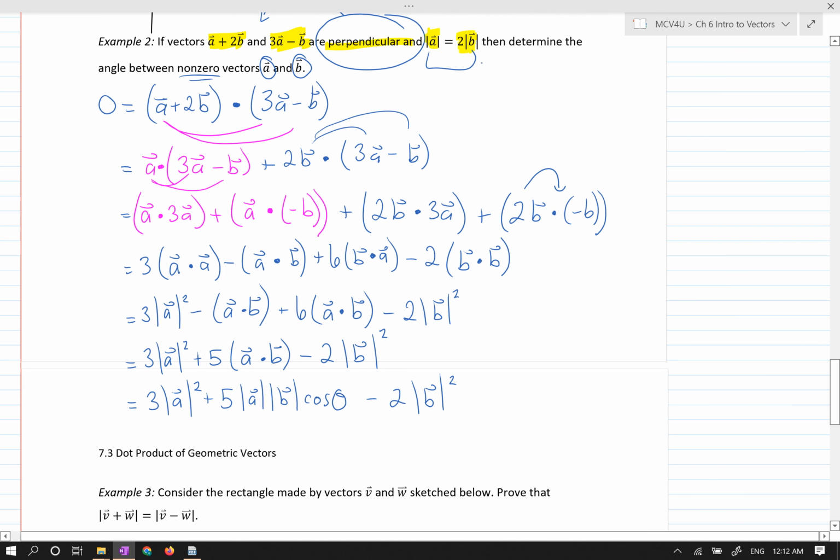Then what we need to handle, okay, if we know the magnitude of vector a is equal to 2 times the magnitude of vector b, I could write this entire line in terms of vector b. So this is like 3 times 2, whoops, and let's put this whole thing in big enough brackets.